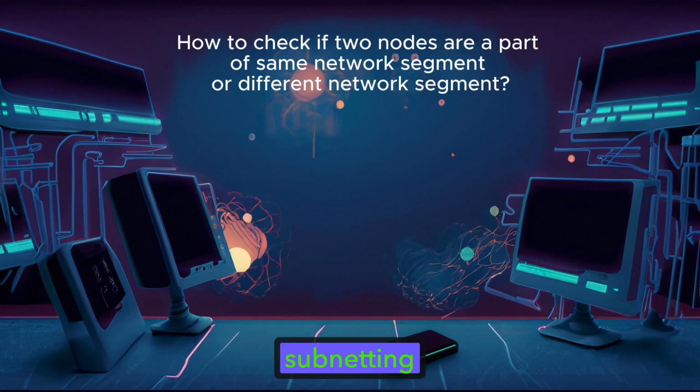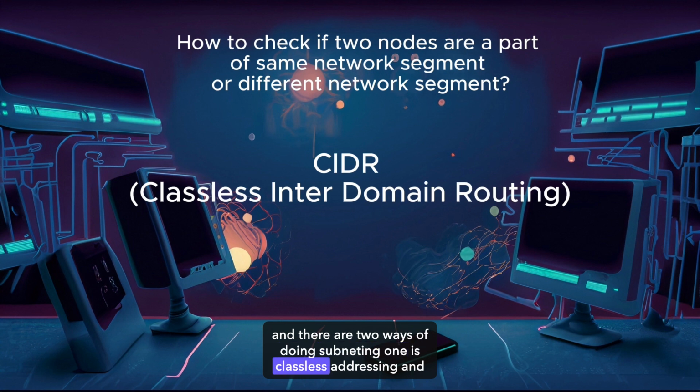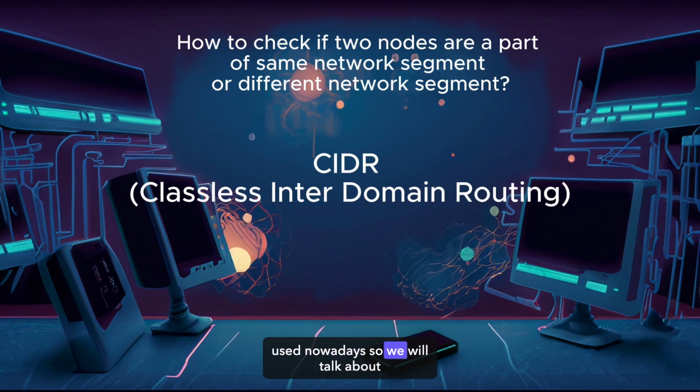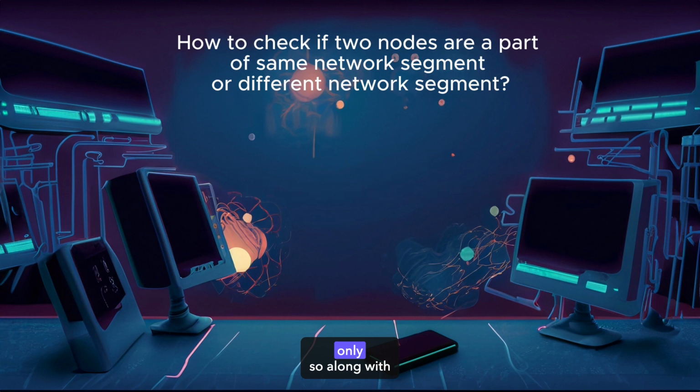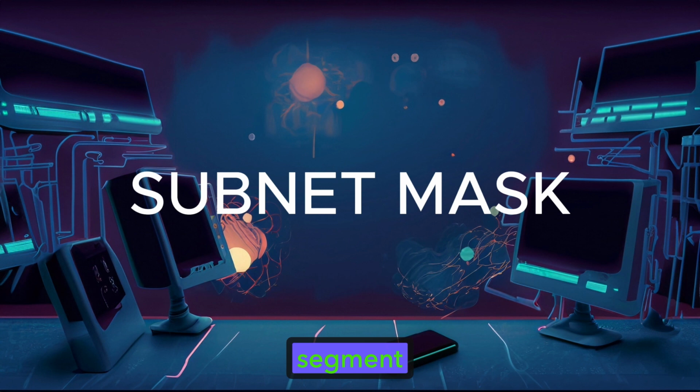In subnetting we have something called a subnet mask, and there are two ways of doing subnetting. One is classful addressing and one is the CIDR approach, classless inter-domain routing. And CIDR is used nowadays, so we'll talk about CIDR only. Along with the IP address, something called a subnet mask is also assigned to each node in your network segment.